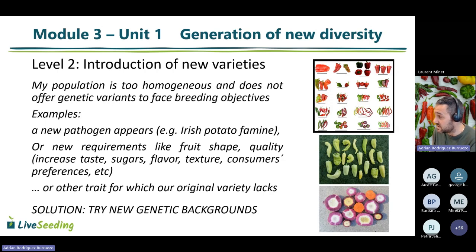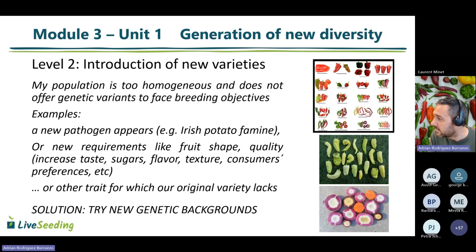At the moment we started the project, we had some ecotypes of the white pepper of Villena, but in order to ensure that we have enough diversity to face the consumers' preferences, the potential market niches, we work with about 10 seed sources of Villena, but also introducing other 20 from our own seed bank of the UPB, and also from other community seed banks and other farmers who collaborated with the project.